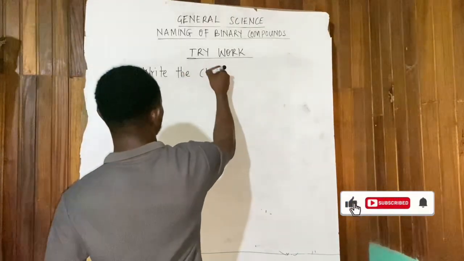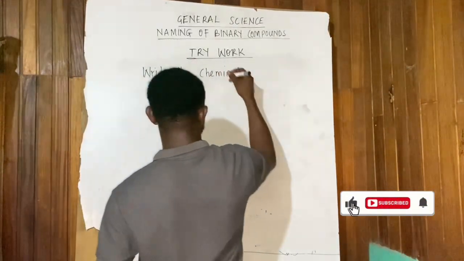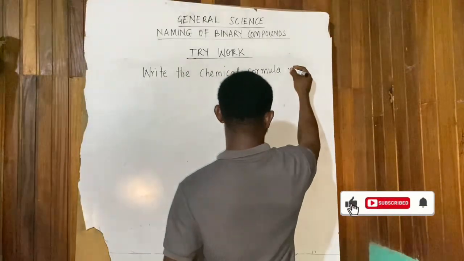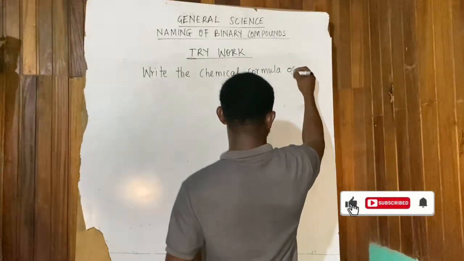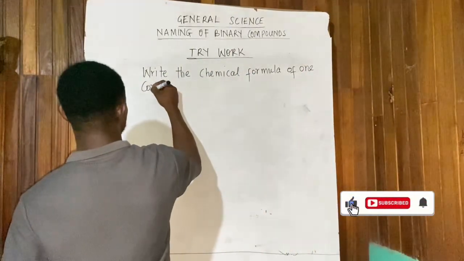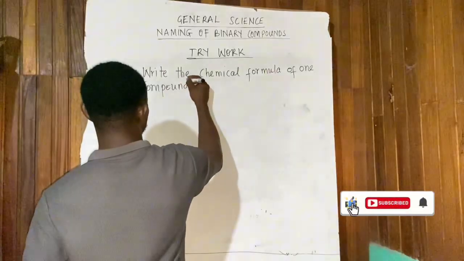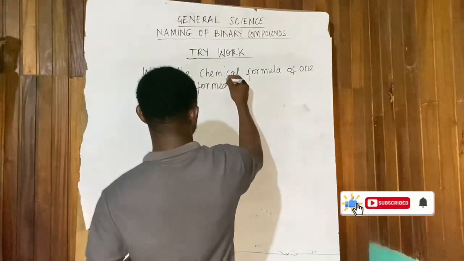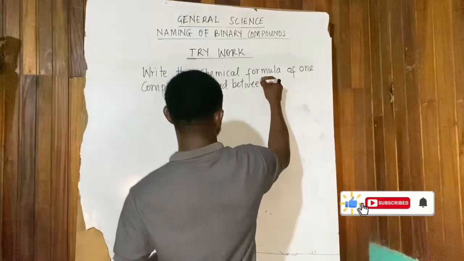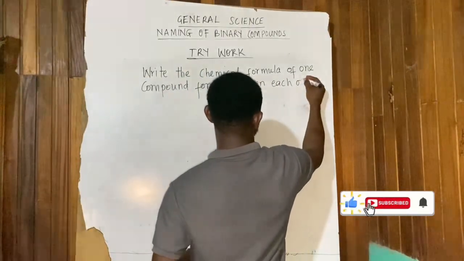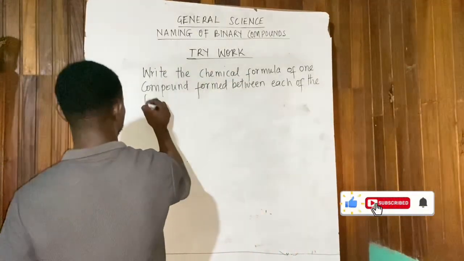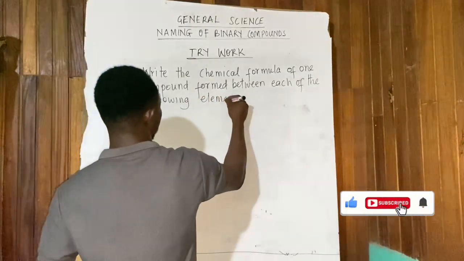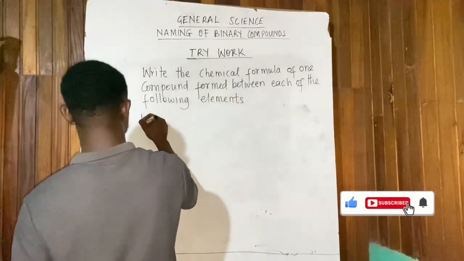Write the chemical formula of one compound formed between each of the following elements.